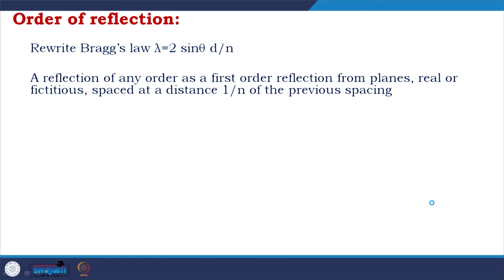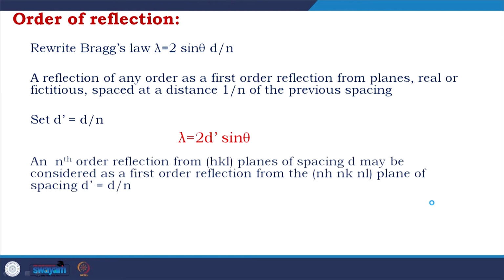A reflection of any order is a first order reflection from planes, real or fictitious, spaced at a distance 1 by n of the previous spacing. If we consider that as d prime, that is equal to d by n. So, lambda equal to 2 d prime sin theta.